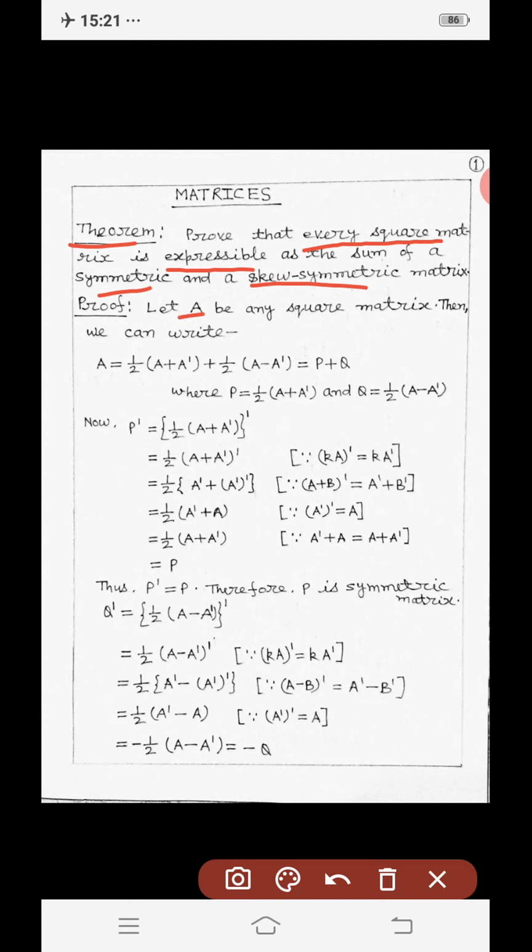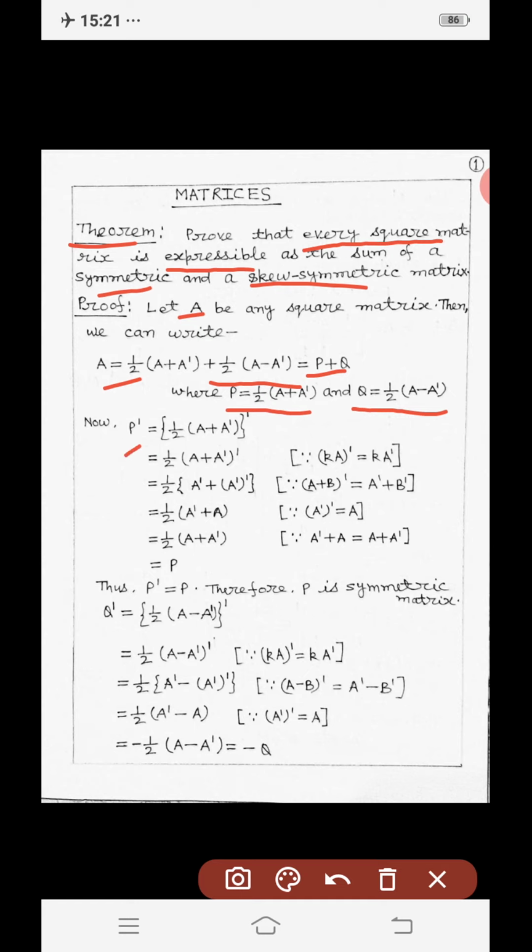Then we can write A equal to 1 by 2 into (A plus A transpose) plus 1 by 2 into (A minus A transpose), and this is equal to P plus Q. Here P equal to 1 by 2 into (A plus A transpose) and Q equal to 1 by 2 (A minus A transpose).